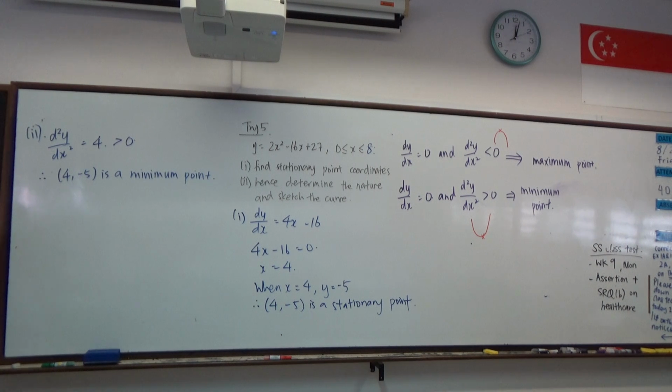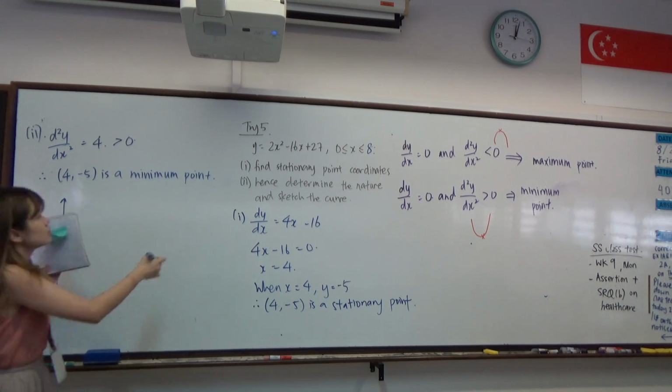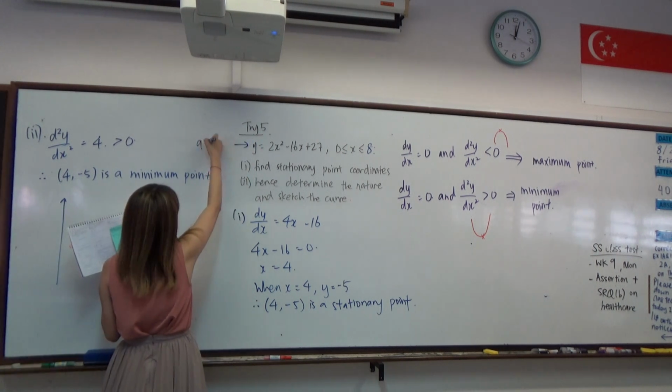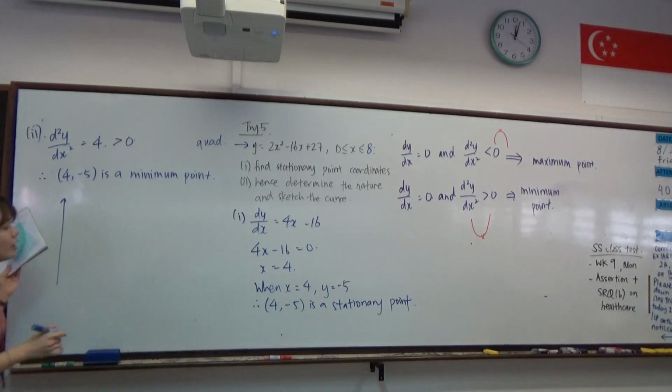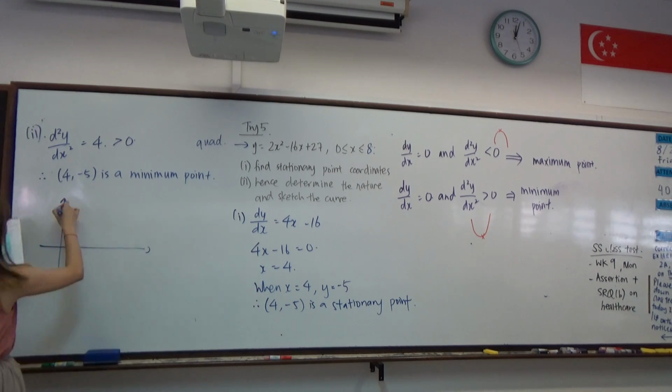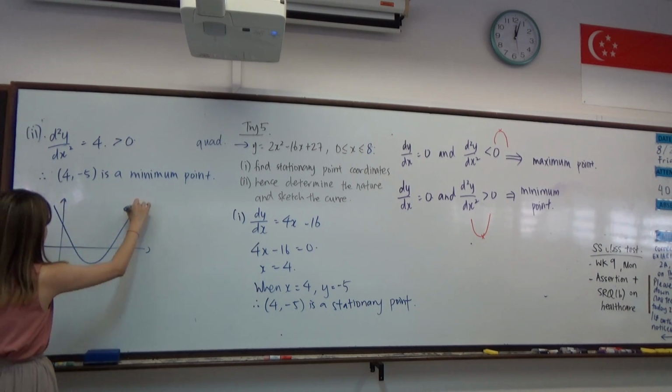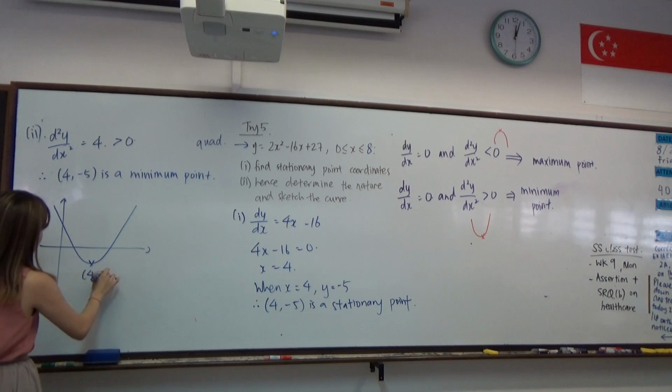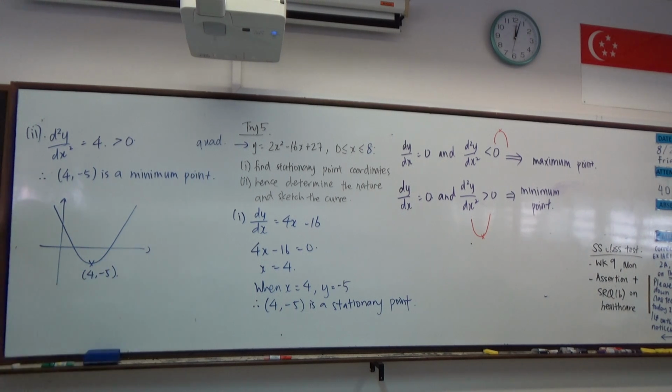Next, we want to sketch out the curve. The curve itself is quadratic. We know that 4, negative 5 is a minimum point, so you will most likely have a curve like that. It will cross the y-axis at 27 because the c value is 27.